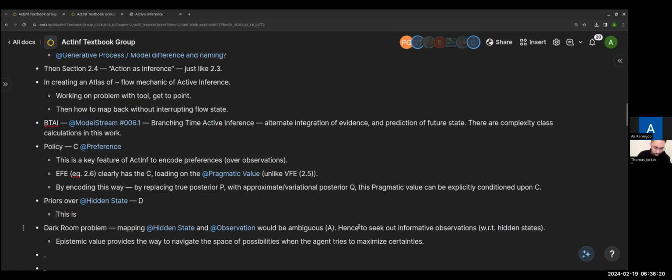But in this formulation, by using the preference value C, the observations with higher probabilities are treated as more rewarding. So it's a kind of reward function, if you will, right? But again, it's totally different from the priors over states.